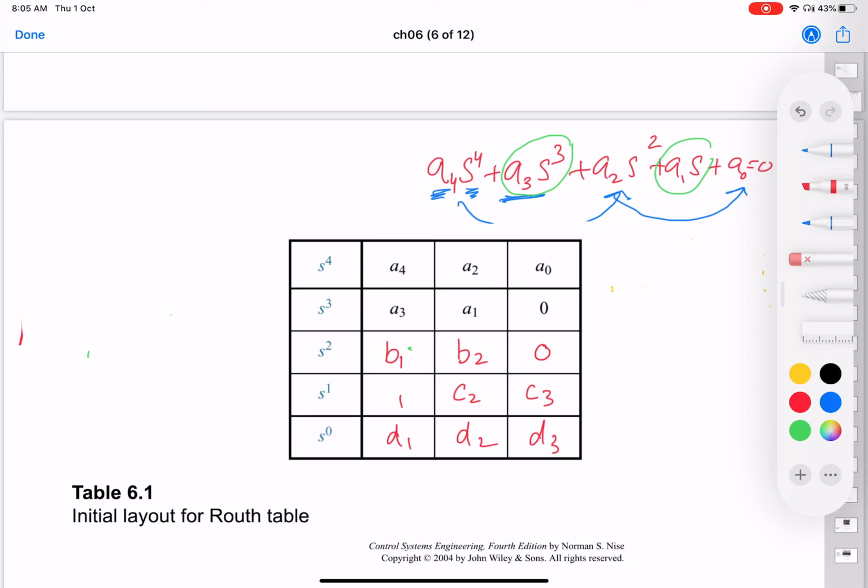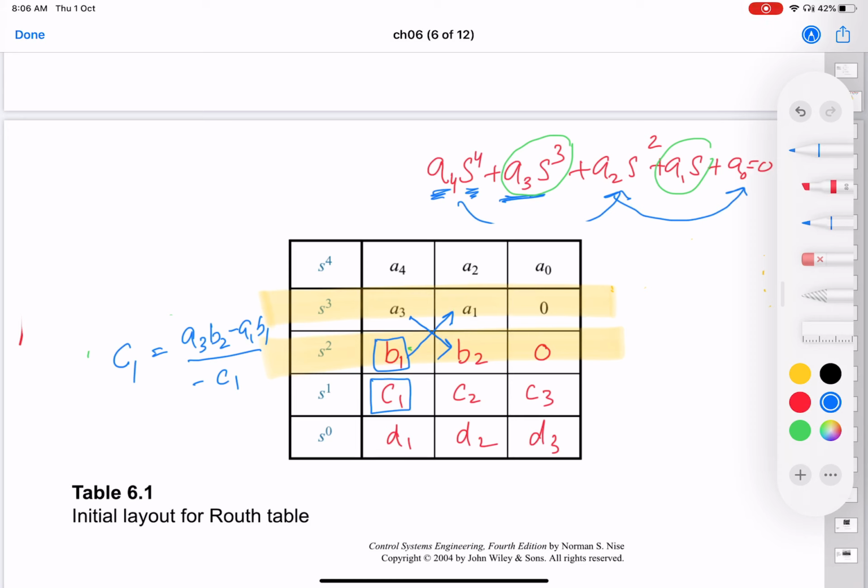For finding C1, we take this row and this row, and we multiply like this again: a3 with b2, b1 with a1, and divide by b1. So C1 is going to be a3 b2 minus a1 b1 divided by b1 with a minus sign. The determinant just above it divided by the coefficient just above it with a minus sign.